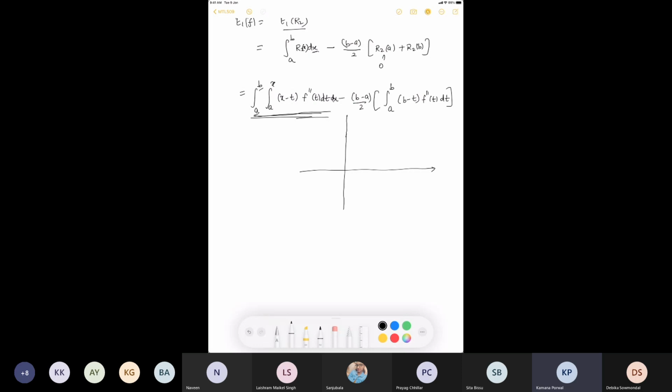So let's try to draw this region of the integration. Let's take this as the t-axis and this as the x-axis. These are the lines t equal to a, t equal to b.